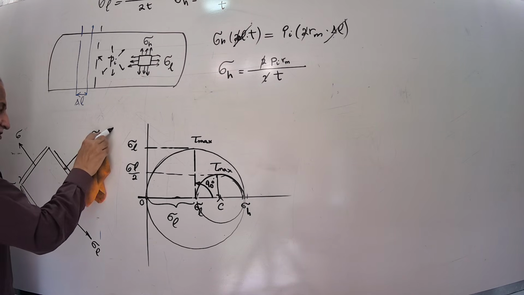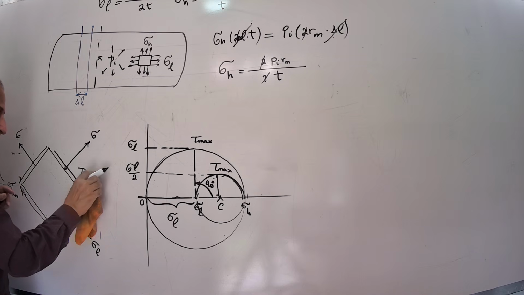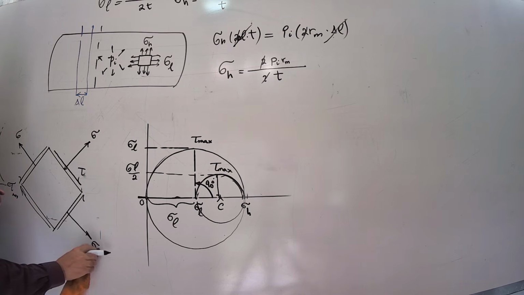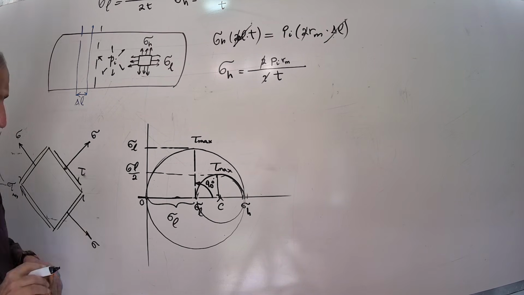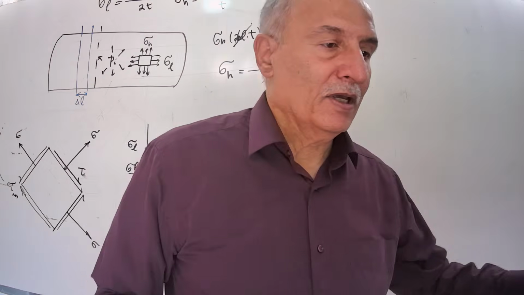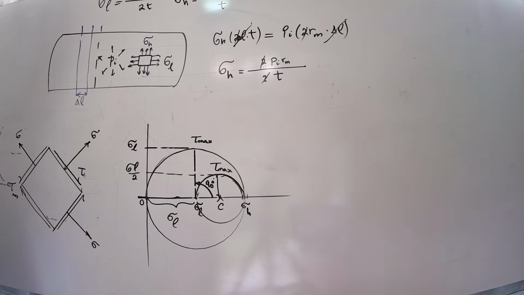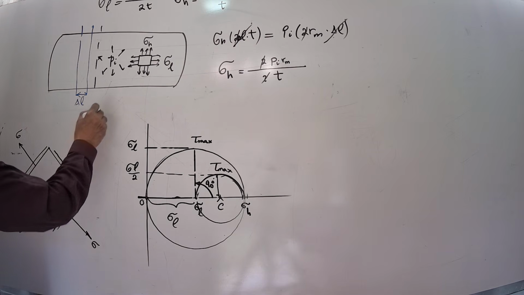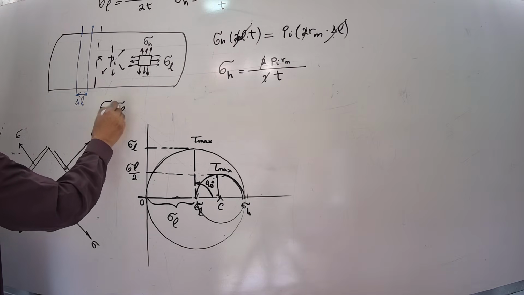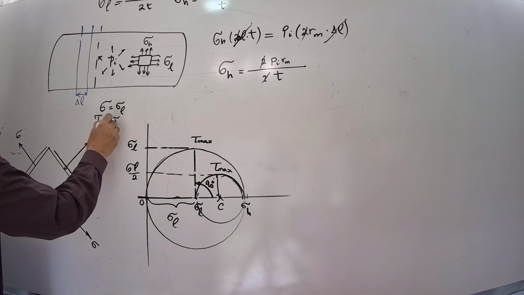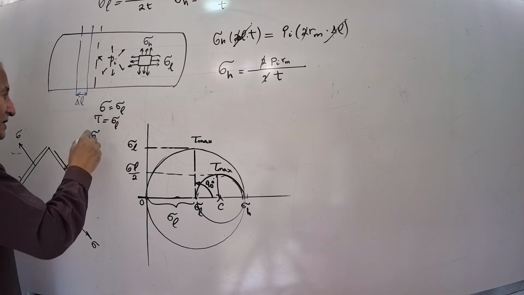Tau being sigma L is not the correct value, but I just wanted to say that the magnitude of these stresses, all of them, is equal to sigma. Sigma is equal to sigma L and tau is equal to sigma L as the same. The value is the same.